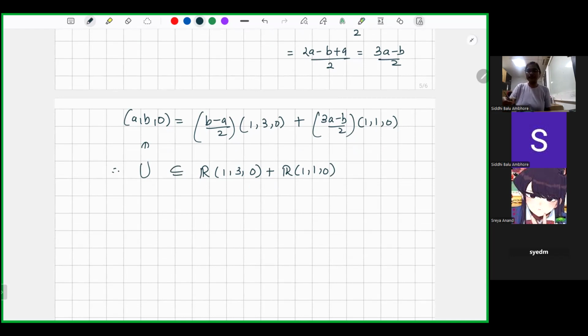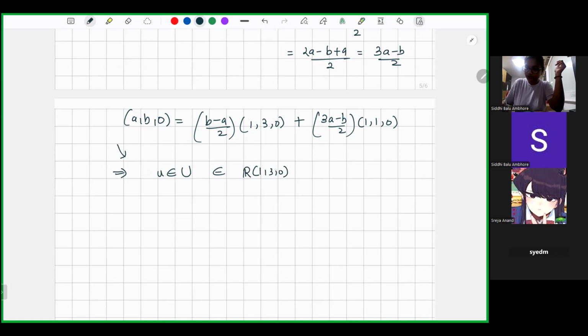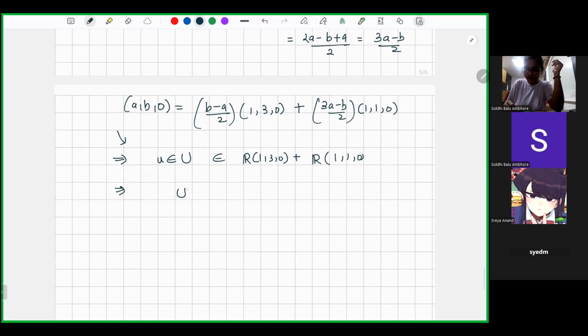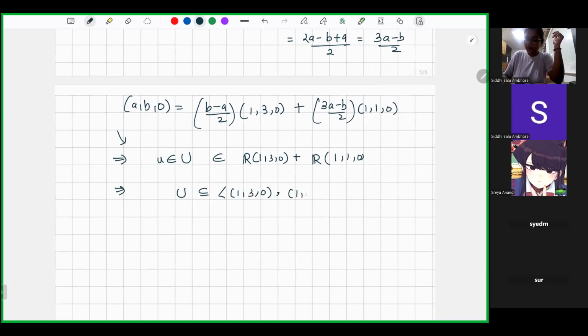Understand that when we wrote this, U actually belongs to this set R(1, 3, 0) plus R(1, 1, 0). So this implies U is contained in this set generated by (1, 3, 0) and (1, 1, 0).